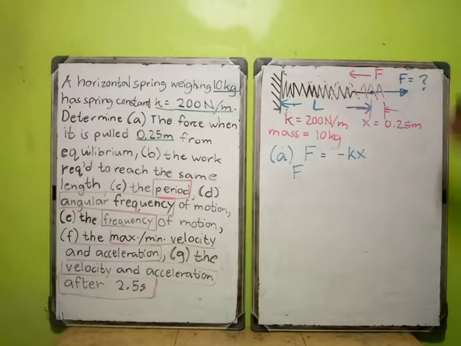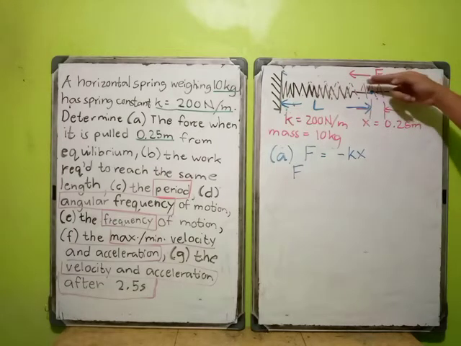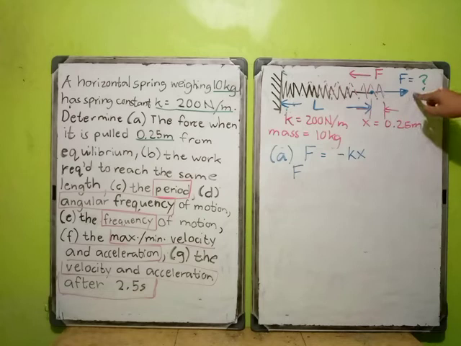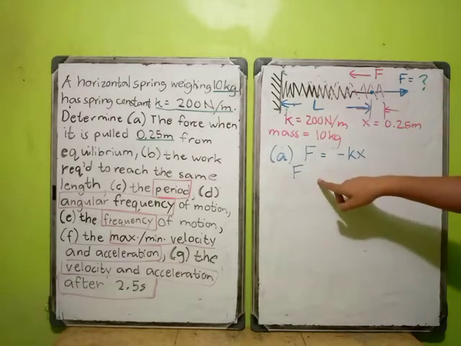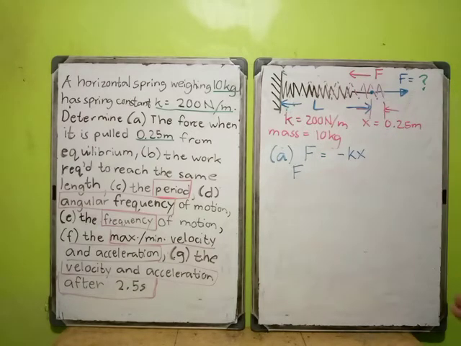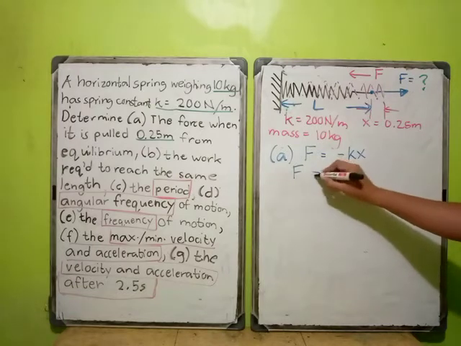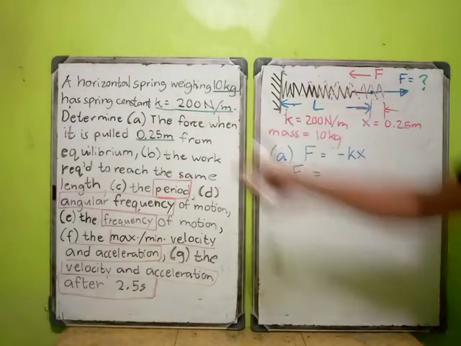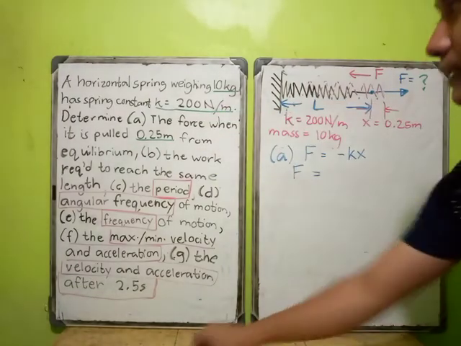Okay? Pag pinull mo siya ng F to the right, magkakaroon ng internal force in order to counteract that force. So, basically, kaya negative. Okay? So, yan. So, yung negative K natin is obviously ito. So, this is the negative K.